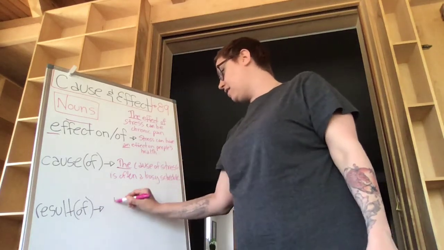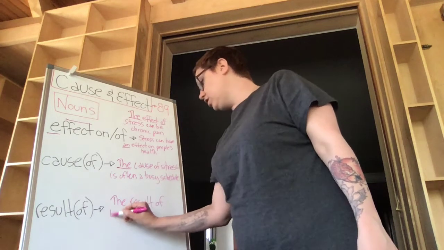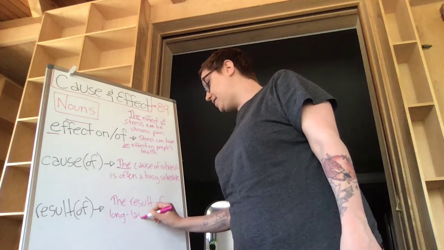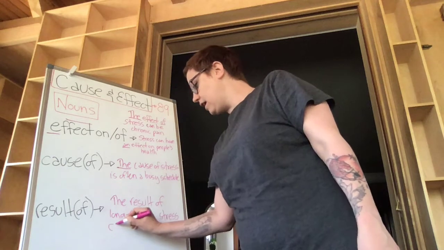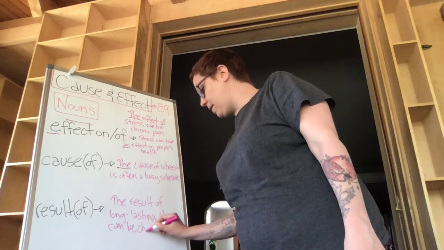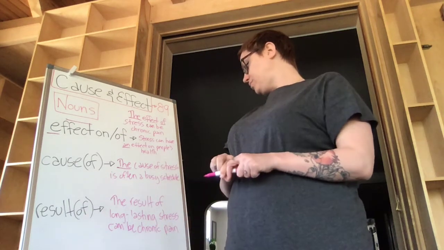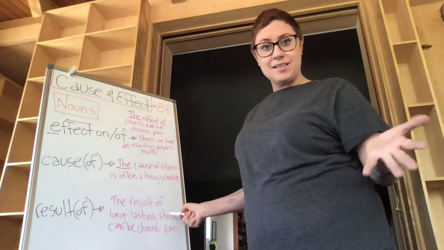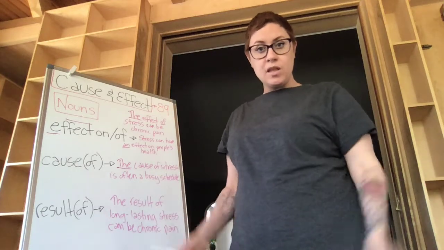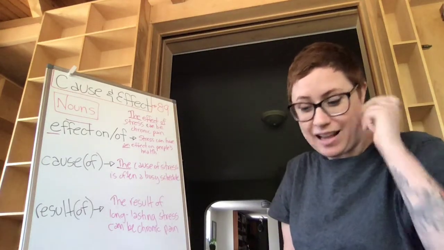So we can say the result of long-lasting stress can be chronic pain. Okay, so long-lasting stress is X, chronic pain is Y. So these are all very, very specific structures that we use in academic speaking and writing.